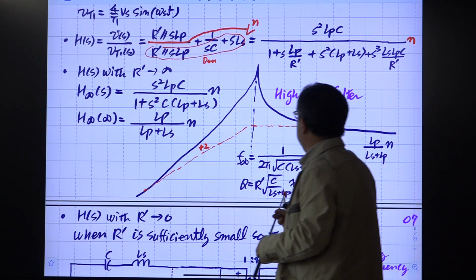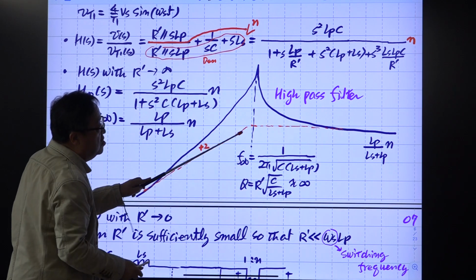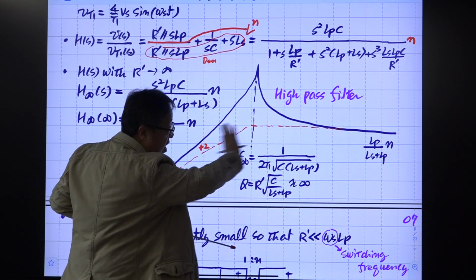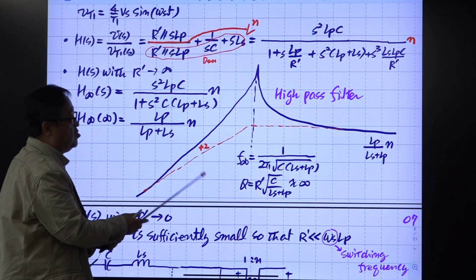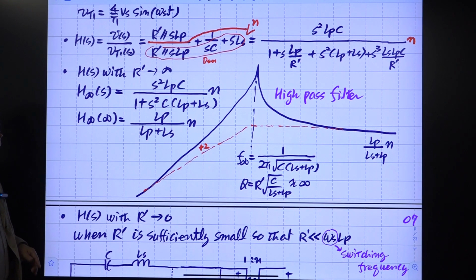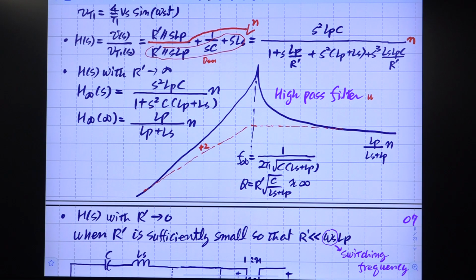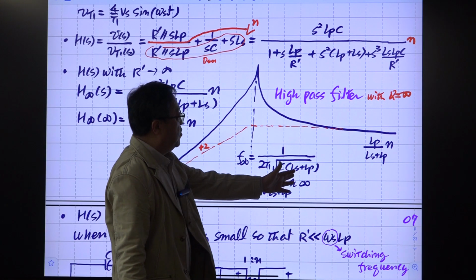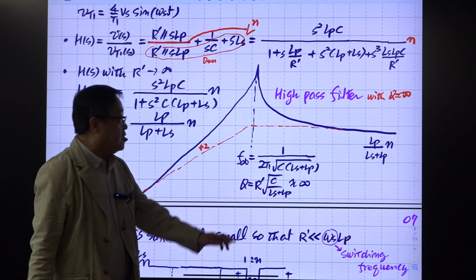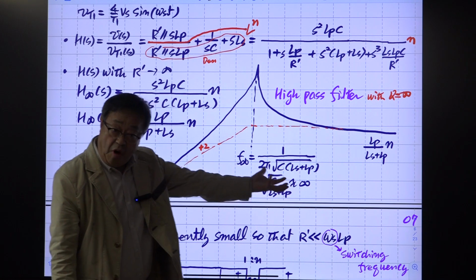If Q is critically damped, the high frequency passes freely, and low frequency is attenuated by this much. So it's called a high pass filter with high Q. Q is very high, Q of infinity actually. So this is the behavior of voltage gain around this frequency. This is large, so it comes relatively earlier.